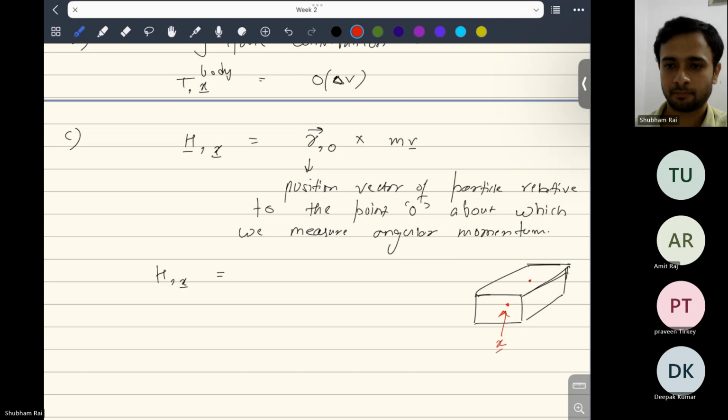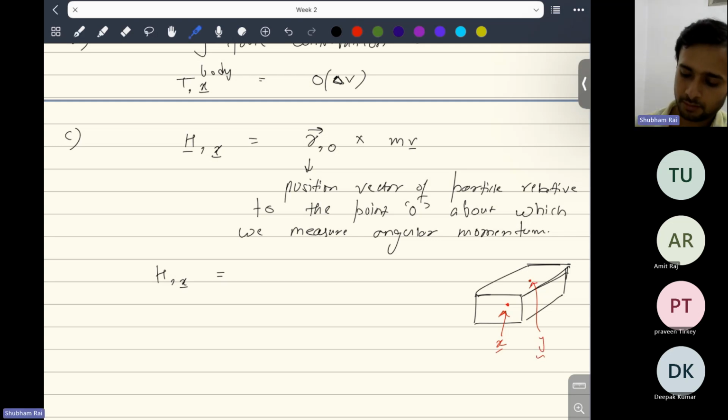So about x we are finding angular momentum, and right now we are taking a small mass at position y. So this point has a position vector x and this point has position vector y. We are calculating the angular momentum of this point having small mass about the point which has position vector x.